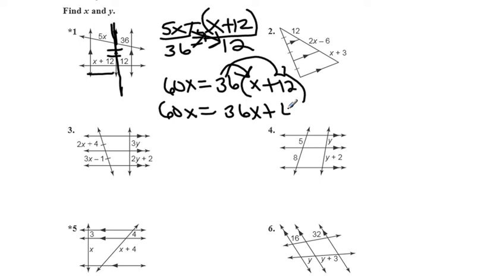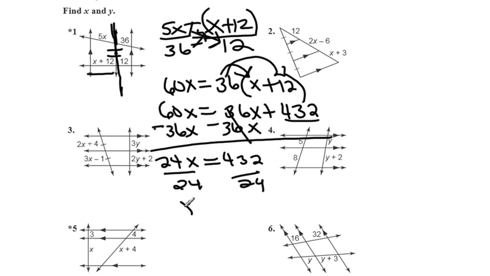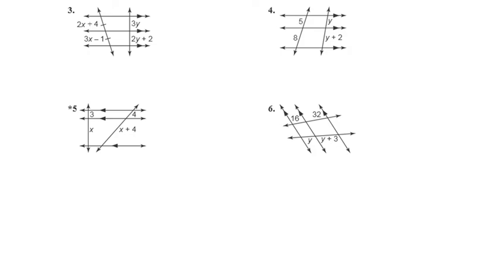And 36 times 12 is 432. So I'm going to subtract 36x from both sides of my equation, and I get 24x equals 432. Dividing both sides by 24, I get x equals 18.